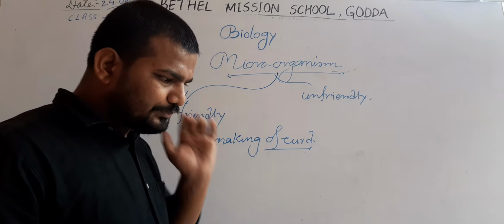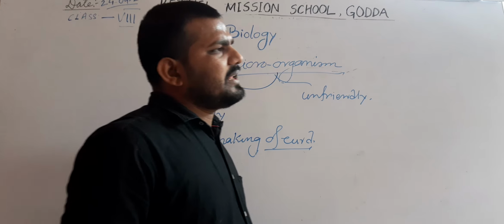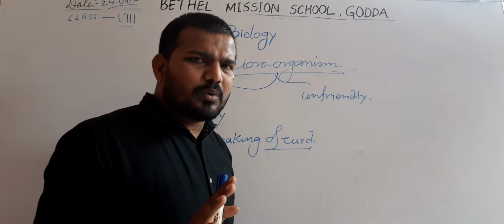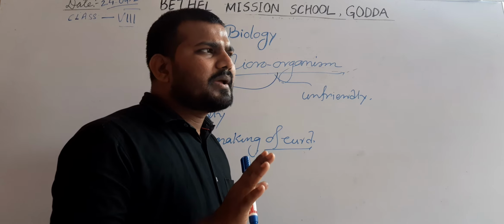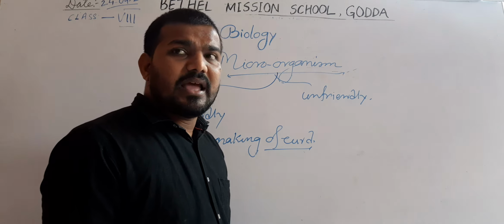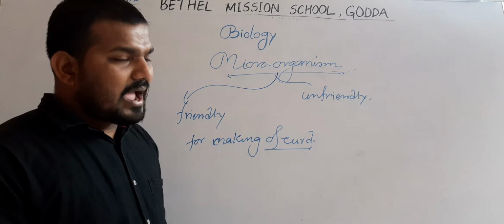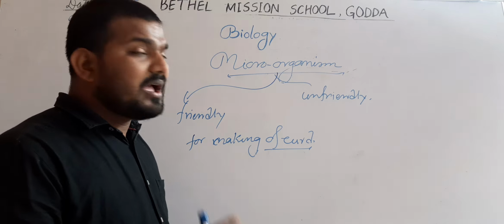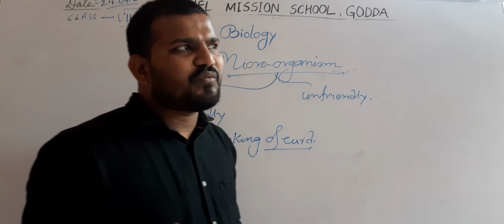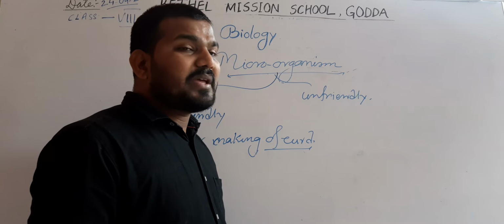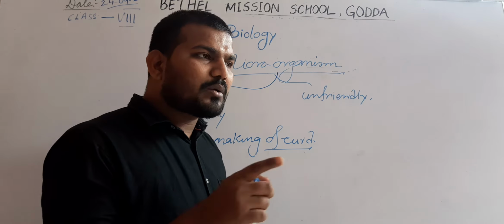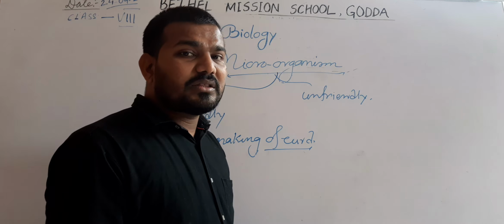The third one: medicinal use. There are lots of microorganisms which produce useful chemical substances that can be used as medicine. An antibiotic is a type of medicine which can be produced from friendly microorganisms. Generally, from the bodies of some useful bacteria and fungi we can extract chemical substances which can inhibit the growth of other fungi or bacteria.